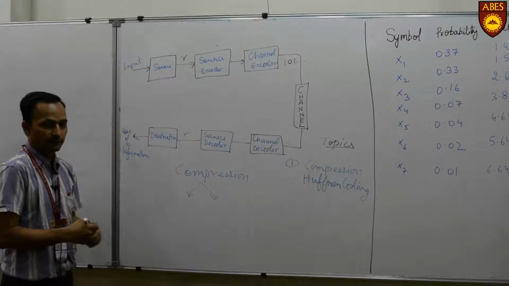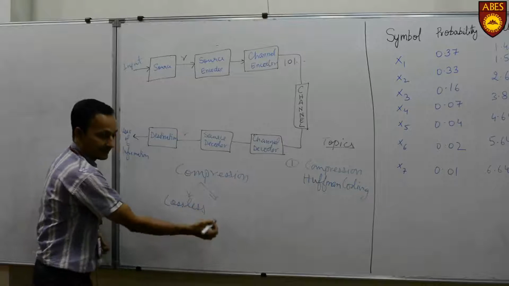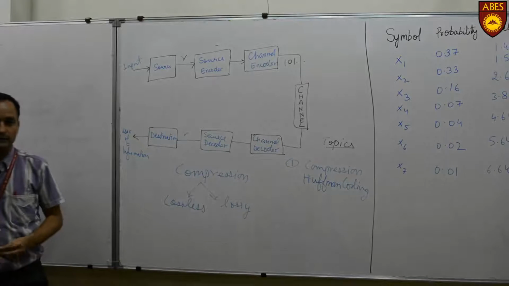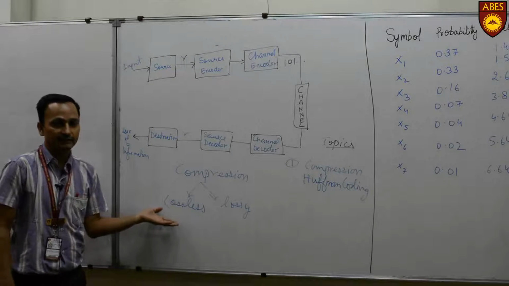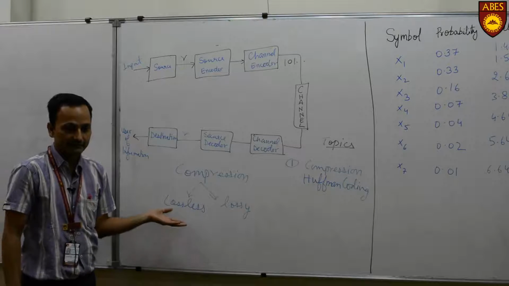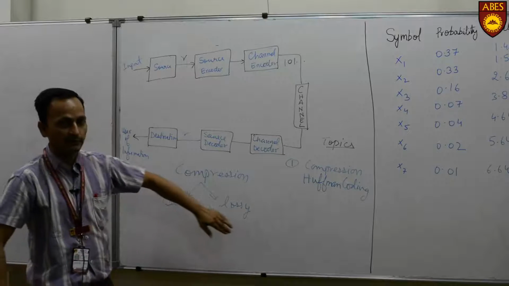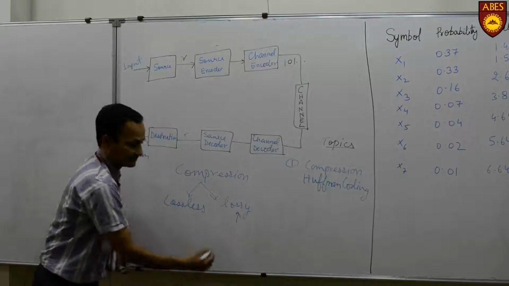There are two types of compression: lossless compression and lossy compression. Lossless compression is compression where data is recovered without any loss. Generally, whenever we use text, we use lossless compression. When we talk about image, audio and video, we are talking about lossy compression.